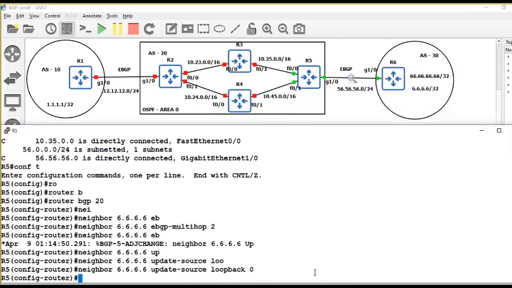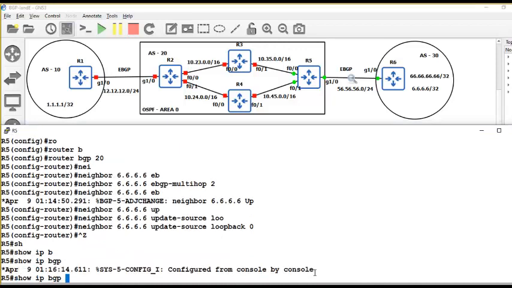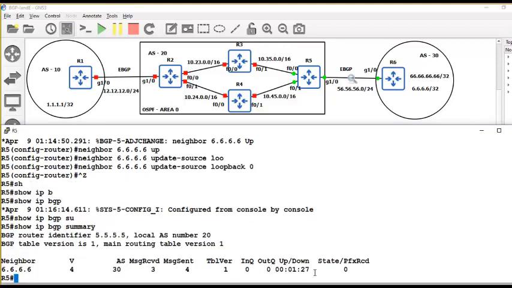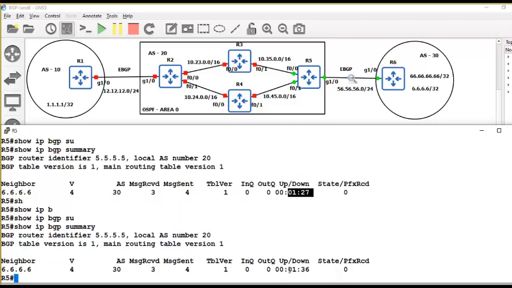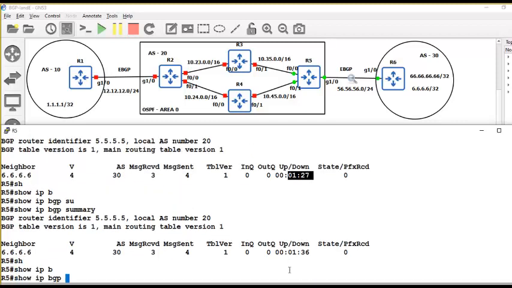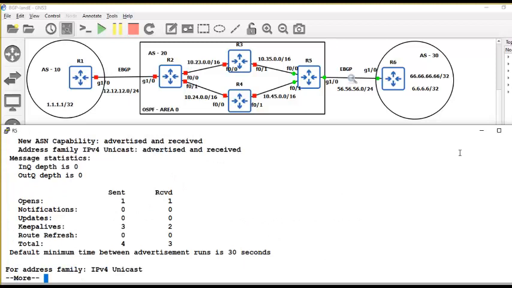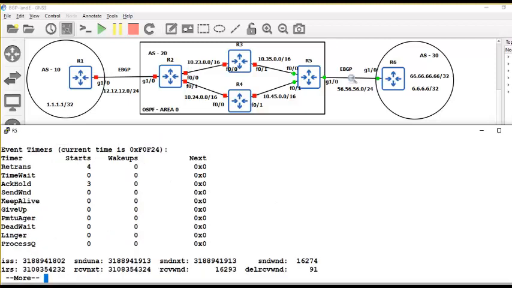Show IP BGP summary. You got the neighbor. Neighbor is up for last 1 minute and 27 seconds. Now, show IP BGP neighbor. Earlier I showed you the TTL was 1, but now the outgoing TTL is 2.